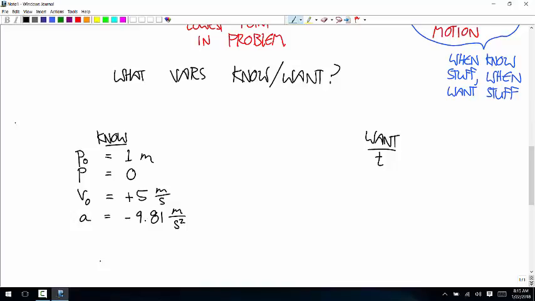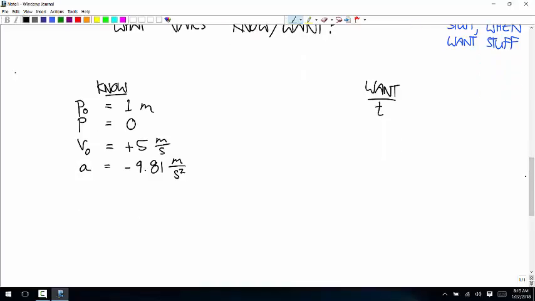Okay, so the first thing we're going to do is look and see if there's an equation that has t in it and everything else in the equation is known. And you can see that the one that'll work for that is p is equal to p0 plus v0 t plus 1/2 a t squared. T is in it, and everything else in it is known.